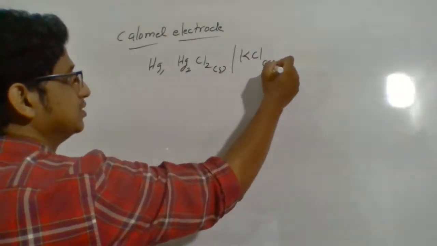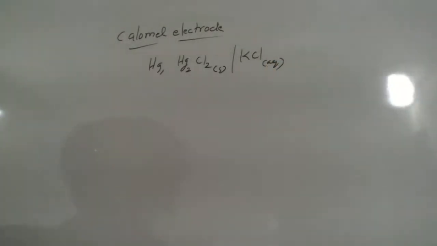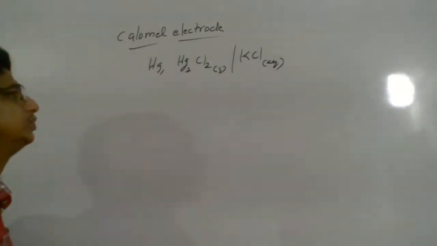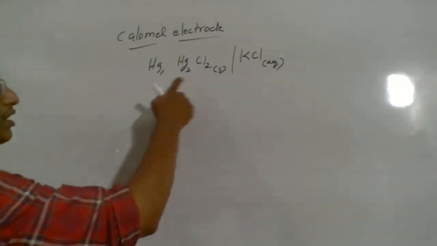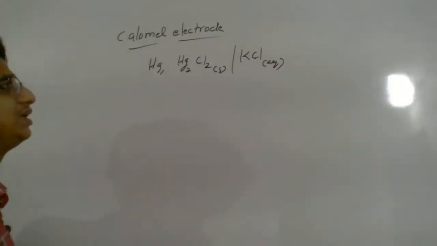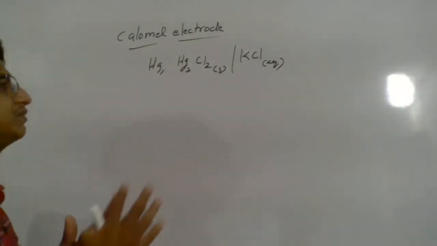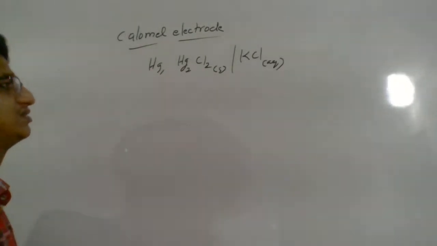Generally we use KCl. So this is another reference electrode, the calomel electrode, which we generally use more.